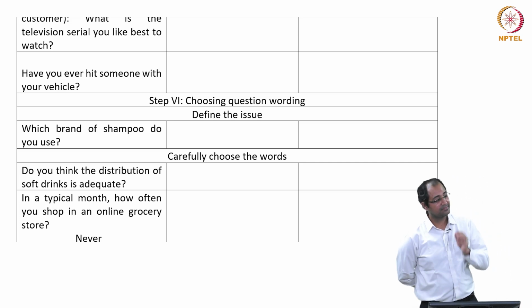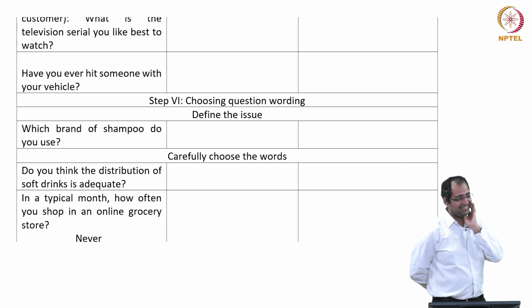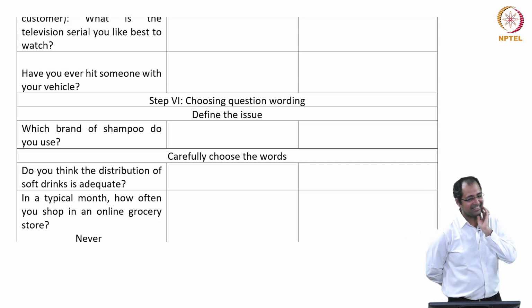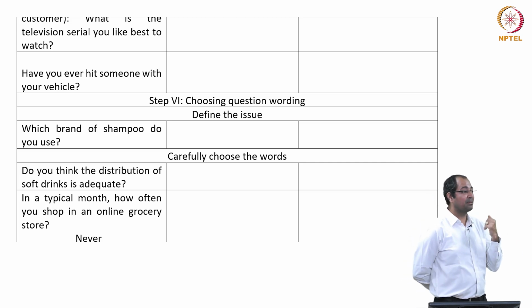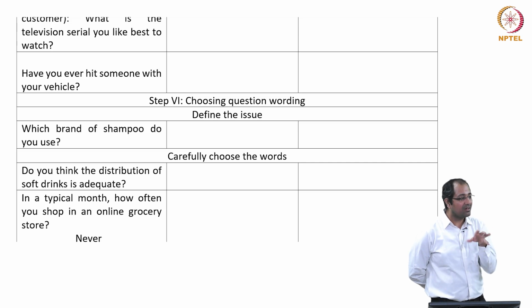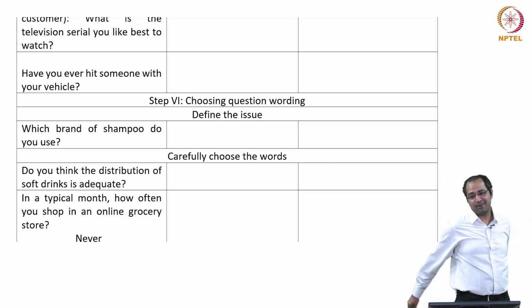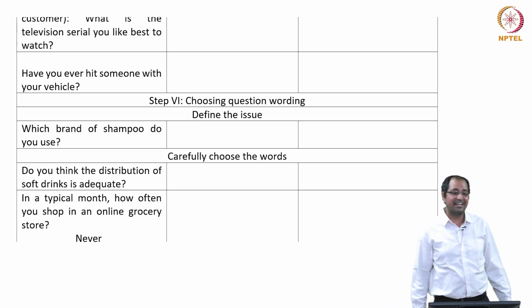Can we reverse it? How many times have you been hit? Have you ever been hit in an accident or something like that? That is possible, but the idea here is how many times you hit someone with your misdriving, not how many times you were walking and got hit. You cannot make an assumption from that about whether you were driving right or not.